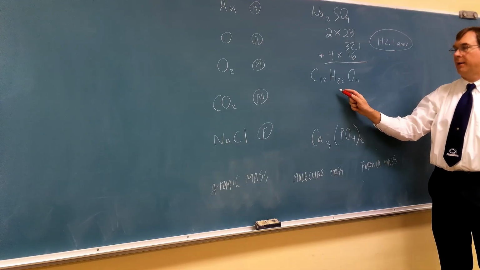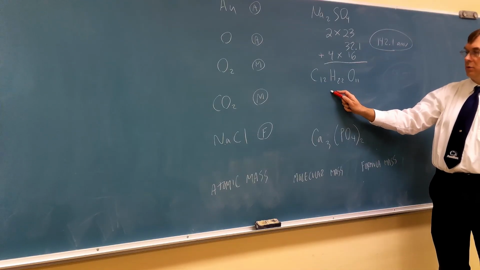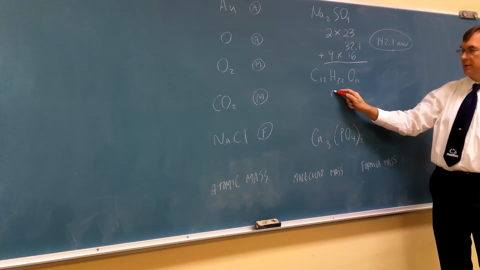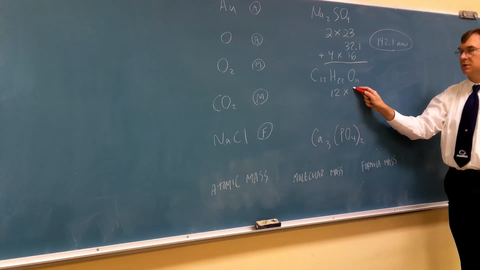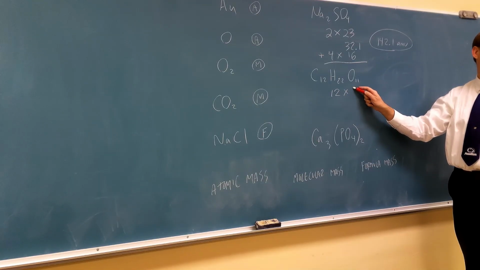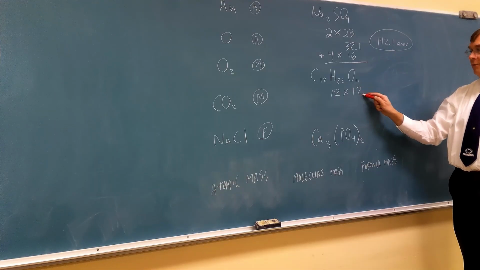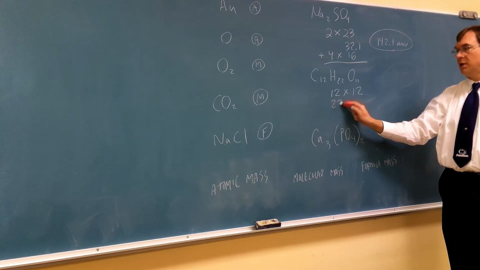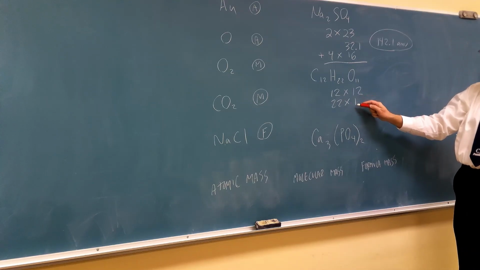Again, for every element, we're going to multiply the amount of atoms, which for carbon is 12, times the AMUs, which for carbon on the periodic table is 12. Then we're going to take hydrogen, there's 22 times 1.